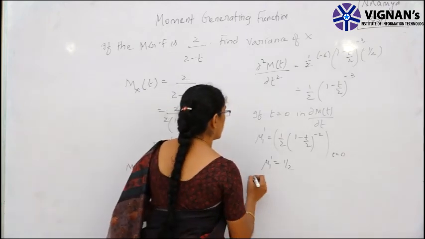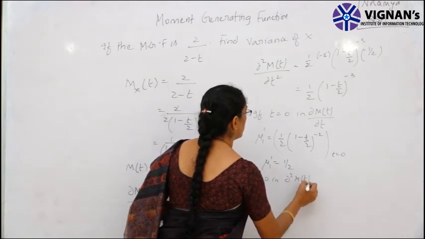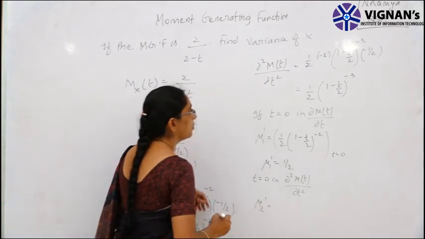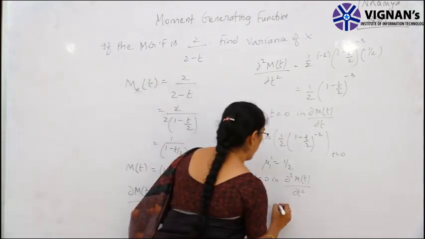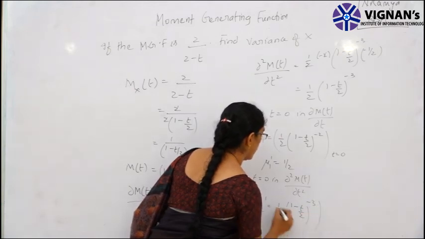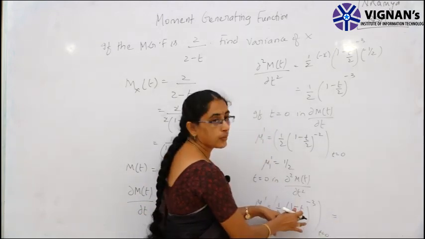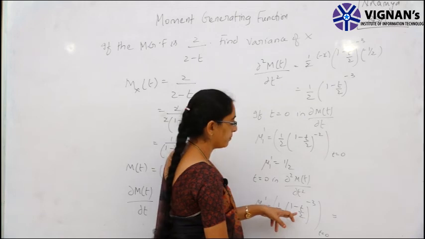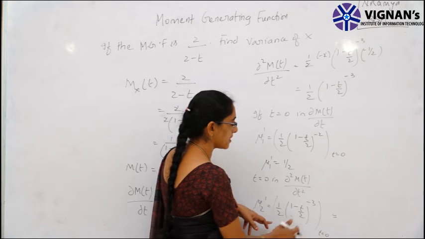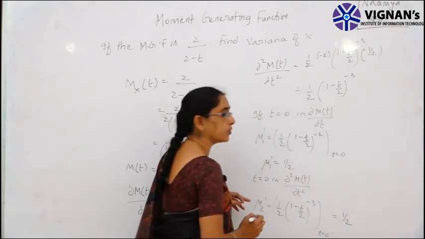Then again consider t equal to 0 in dou square m of t by dou t square. Then this becomes mu 2 dash, equal to 1 by 2 into 1 minus t by 2 whole power minus 3 at t equal to 0. Substituting t equal to 0, it is 1 power of minus 3, so this is again 1 only. So 1 by 2 is your mu 2 dash.